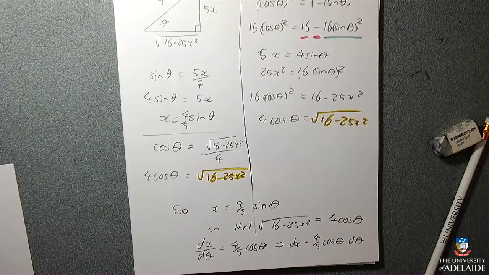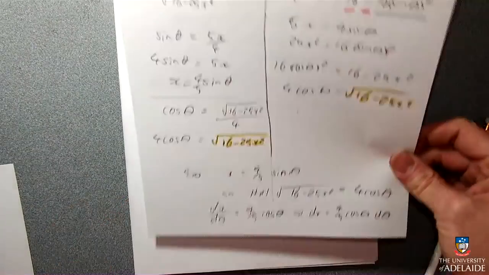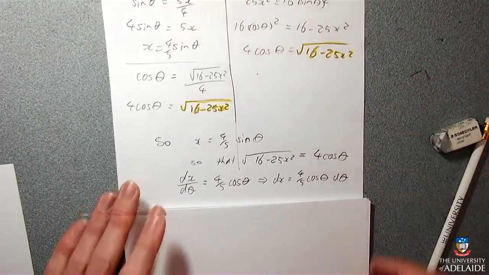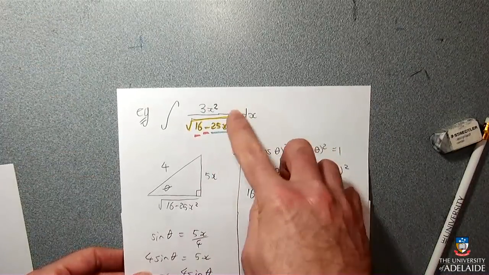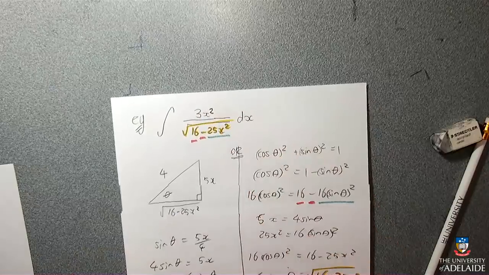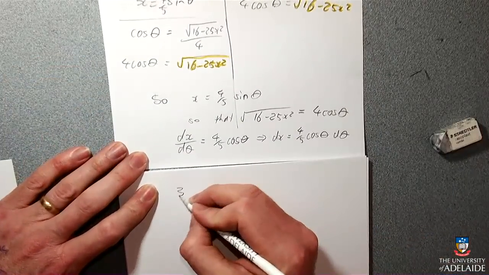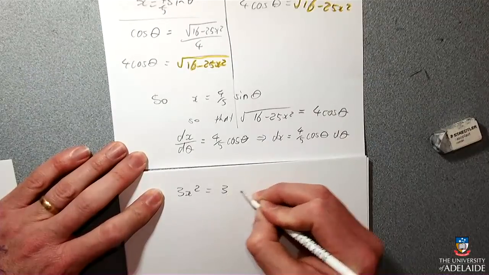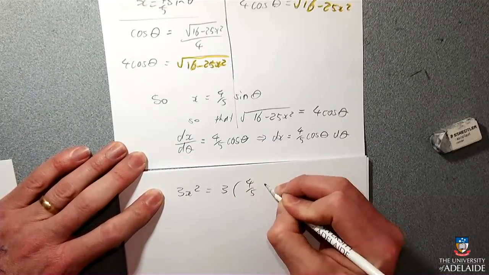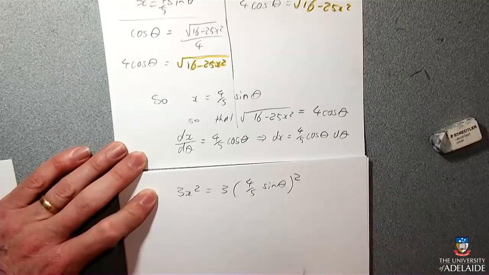Okay, so what have we got so far? We've dealt with this bit, we've dealt with this bit, we still have the 3x squared to go. So 3x squared is 3 lots of 4/5 of sine theta squared.